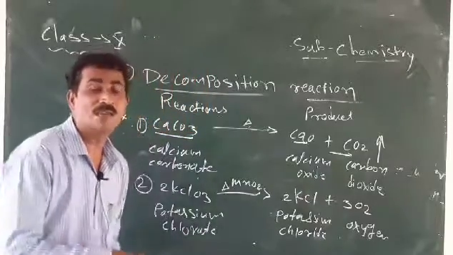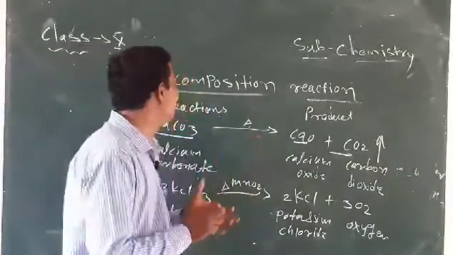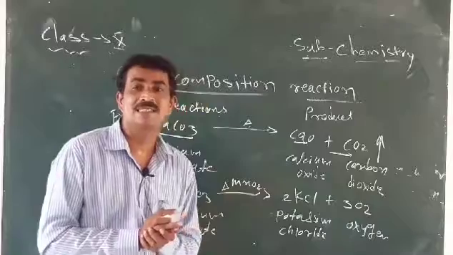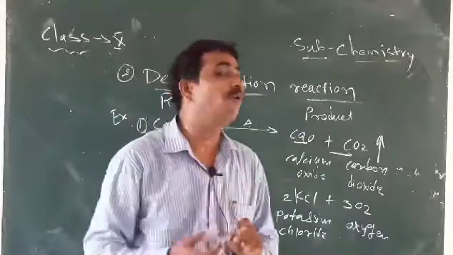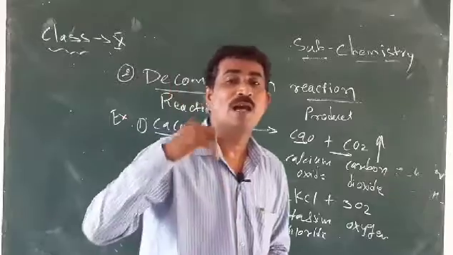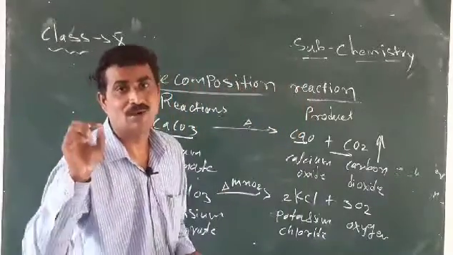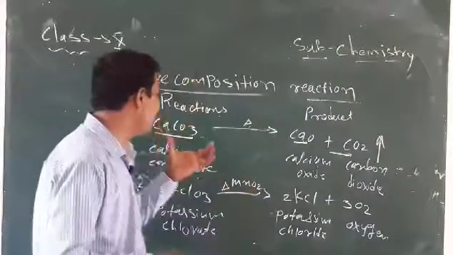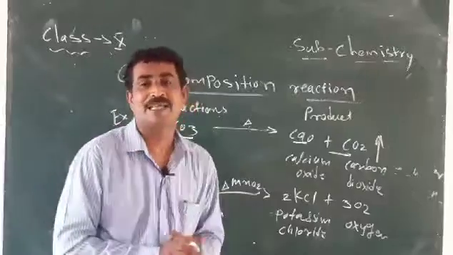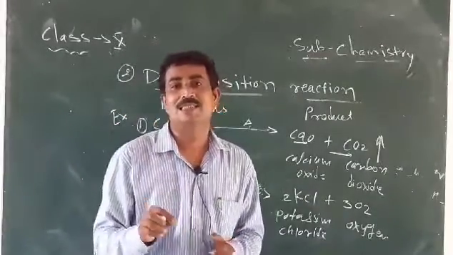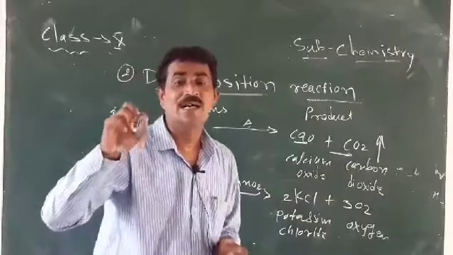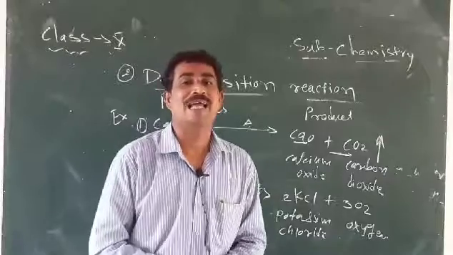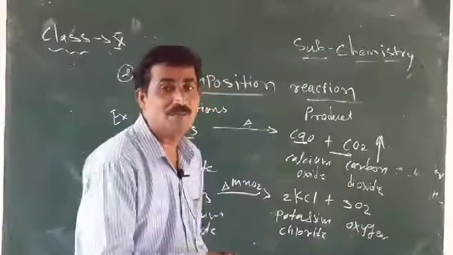The definition we made: a decomposition reaction is a reaction in which a single reactant reacts, producing two or more compounds or products. Again, the definition: in a decomposition reaction a single reactant reacts, producing two or more products.